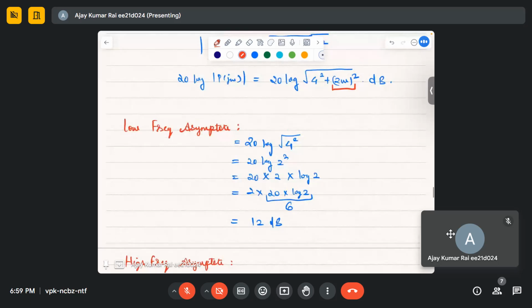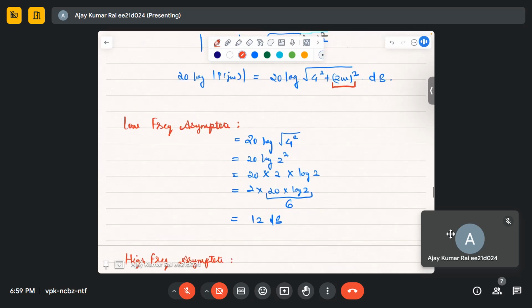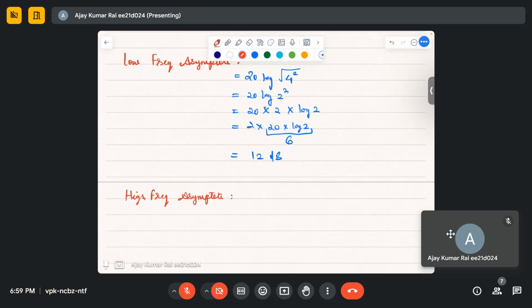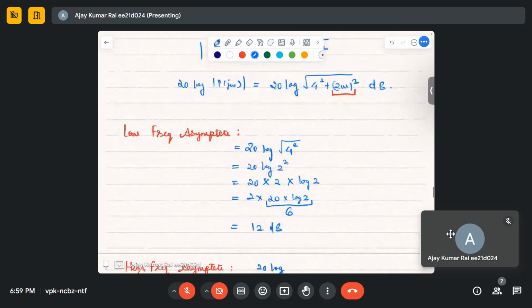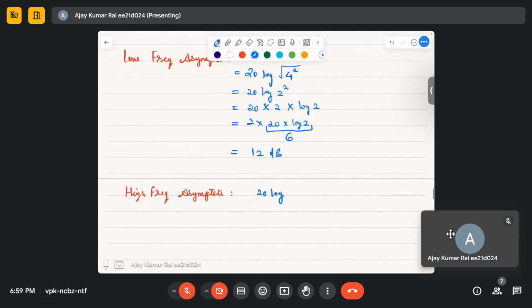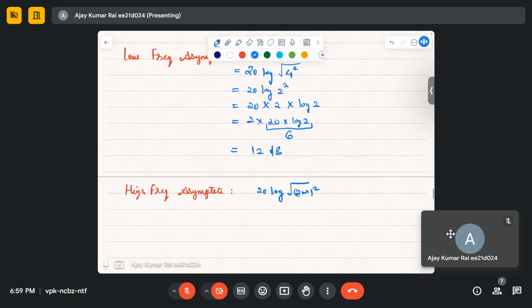So we can neglect 4 square in comparison to omega whole square. After neglecting, what you'll get is 20 log of 2 omega square, so this will be 20 log of 2 omega at very high frequencies.